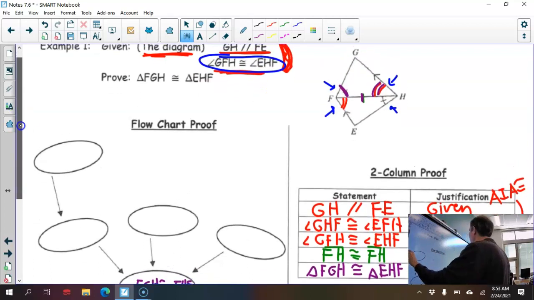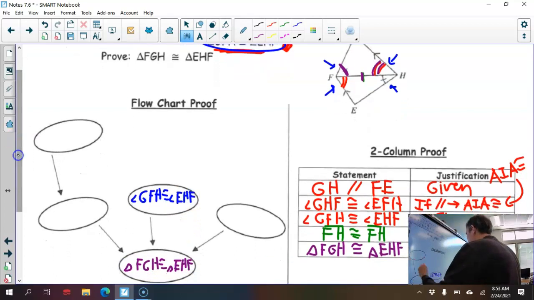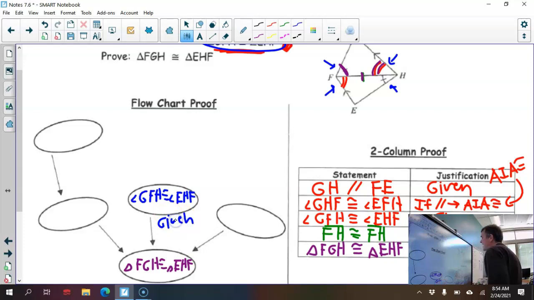So let's go ahead and put that in a circle. Angle GFH is congruent to angle EHF. And I know that because it was given. So the statement goes in the circle and the justification goes under the circle.